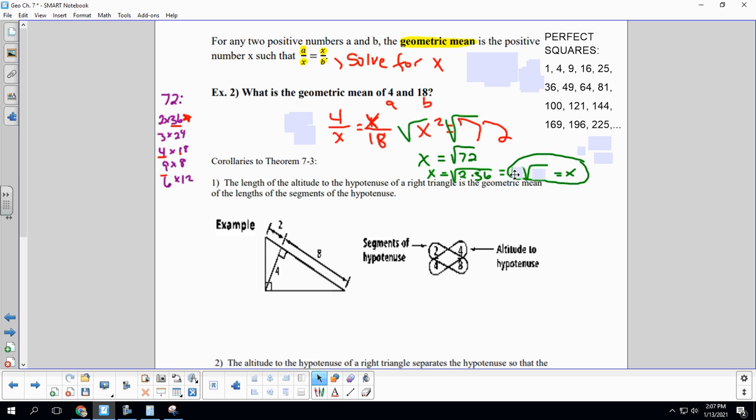What's the square root of 36? 6. And then the 2 stays underneath because it's not perfect. Anything that's not perfect has to stay inside. It's like the imperfect jail. So you only go there if you're imperfect. If you're perfect, you can go ahead and get out.